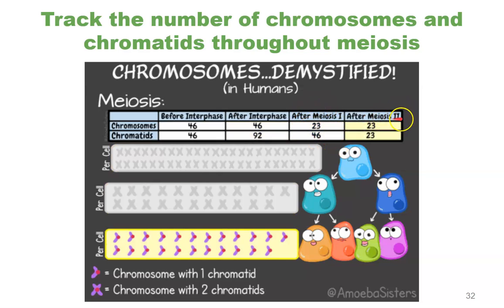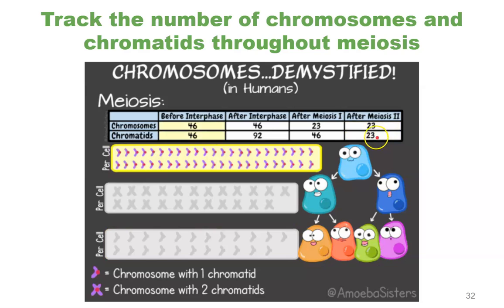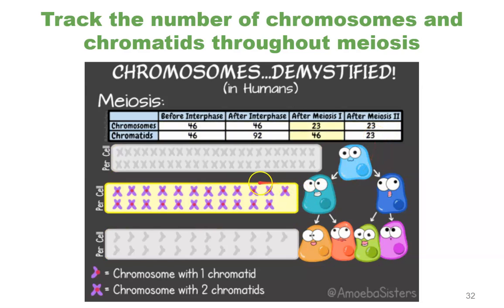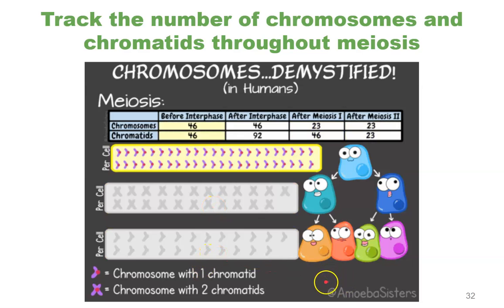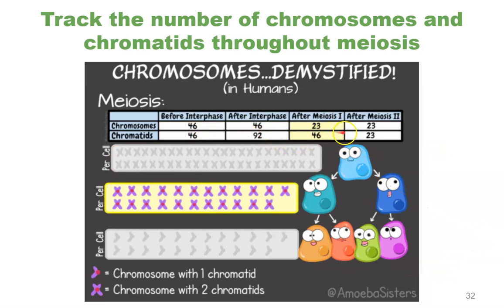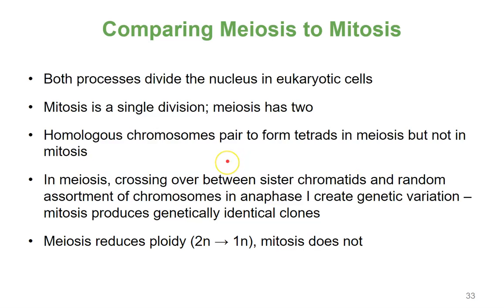And then after meiosis 2, we are separating the sister chromatids from one another. Okay, so here's meiosis 1, what it looks like, and then after meiosis 2, that's what it looks like. Okay, so hopefully that helped demystify the chromosome count.